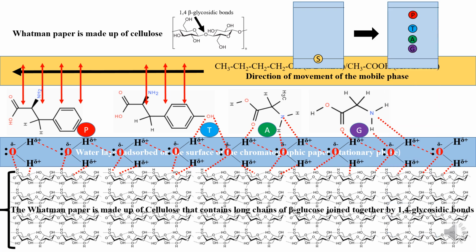And after the separation, you find that these four amino acids cover a different distance because each amino acid has a different affinity towards the stationary phase. So two forces are governing the separation process. One is the hydrogen bonding, the other is the van der Waals attraction.